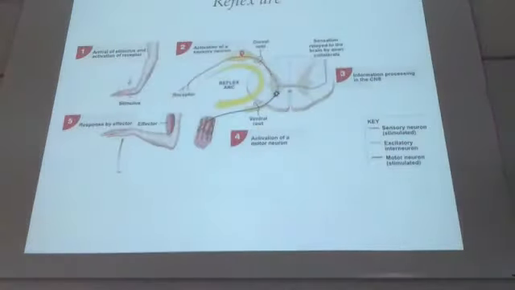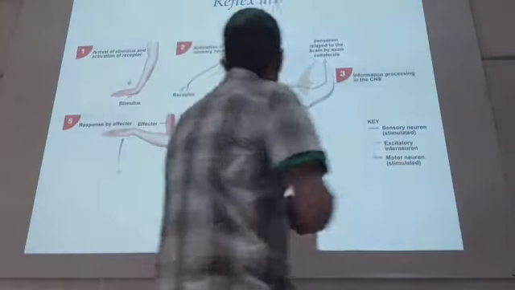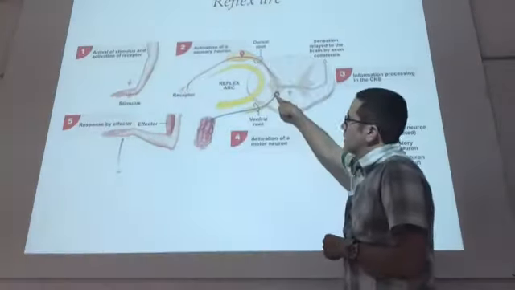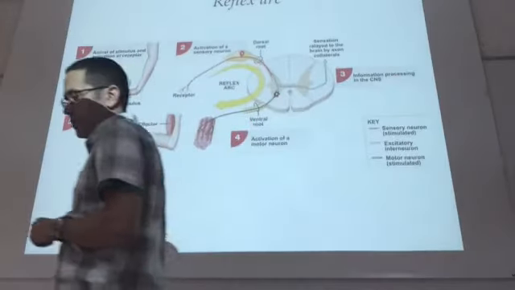We discussed that there are special receptors for quick pain. This is connected to a motor neuron, or an interneuron that connects to the motor neuron, that makes a muscle contract.